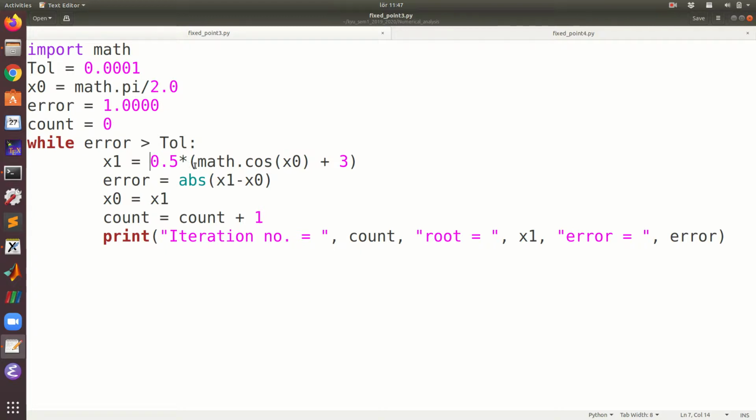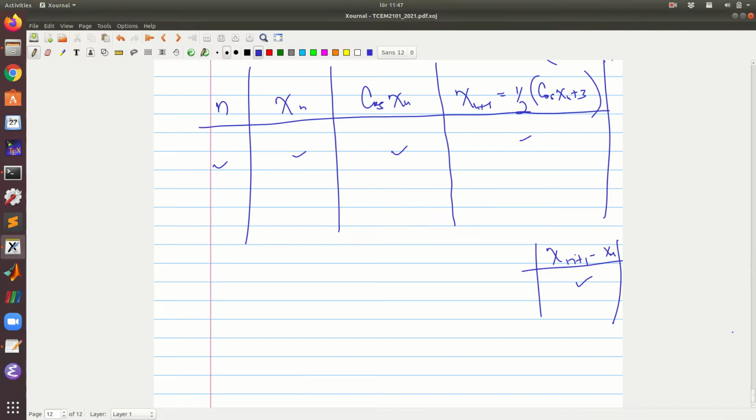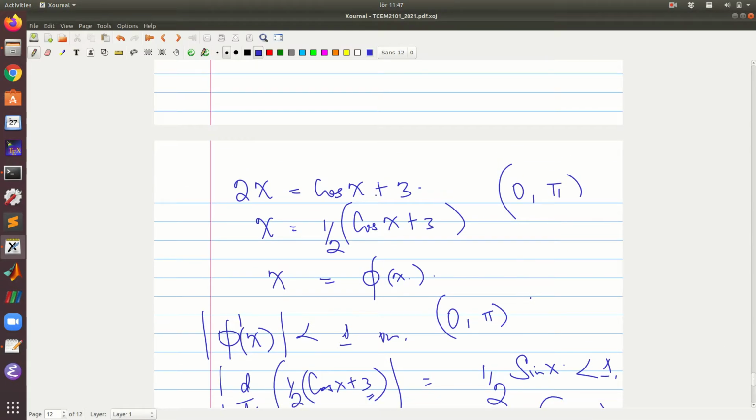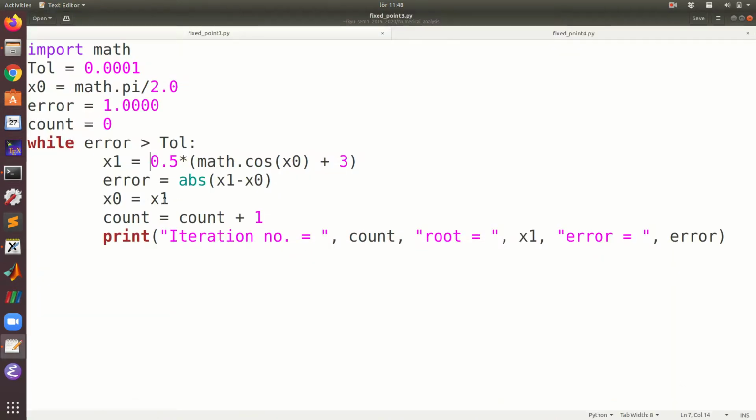And then xn plus 1 equals 1/2 into cos x plus 3. That is what we have here. Then the usual, we set, and then we run here.